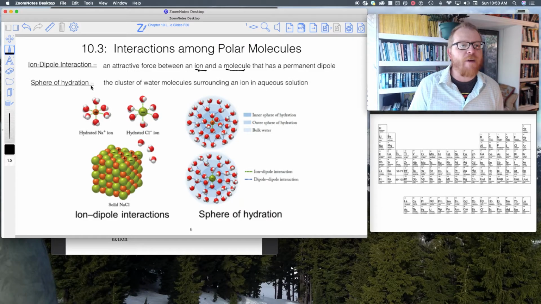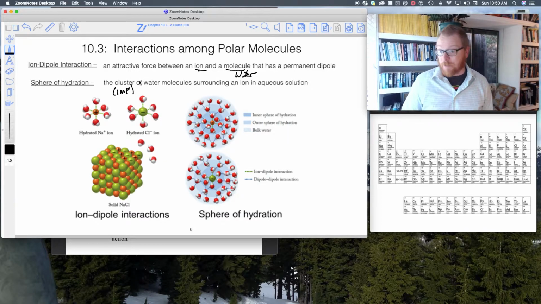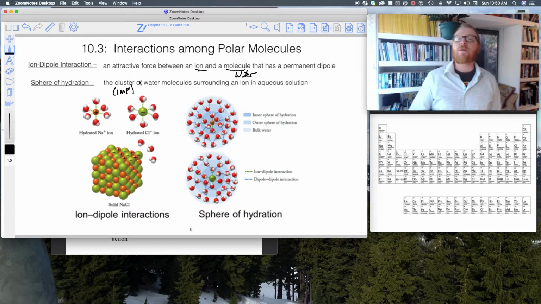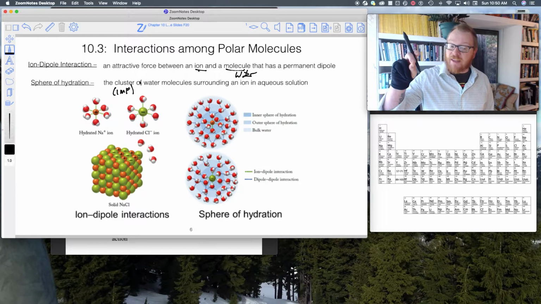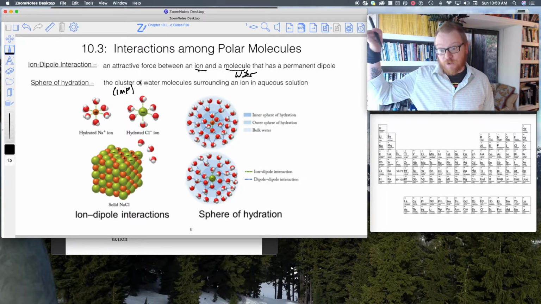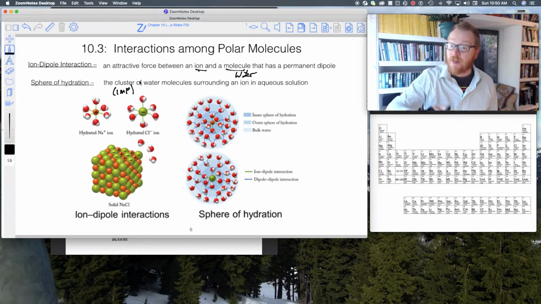And then the sphere of hydration is, so specifically now, like in our ion dipole interaction, if let's say we're talking about water and all of the commonly occurring ions that we might expect to be in water, we create something called the sphere of hydration, which is a cluster of water molecules surrounding an ion in aqueous solution. And this cluster is due to the intermolecular forces that exist not only between the water molecules and the ion, but also between the water molecules and the water molecules themselves.